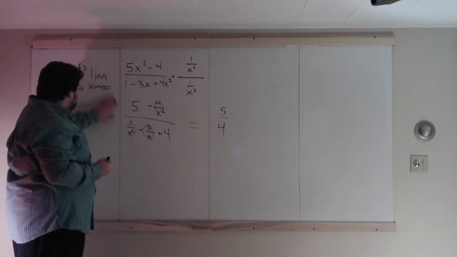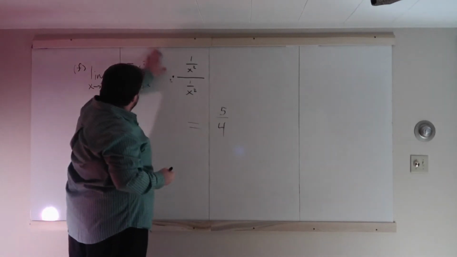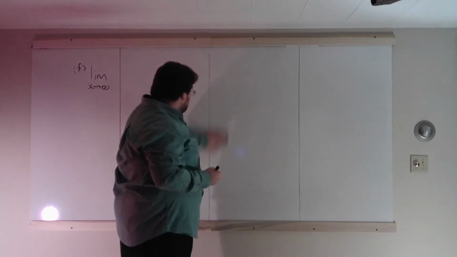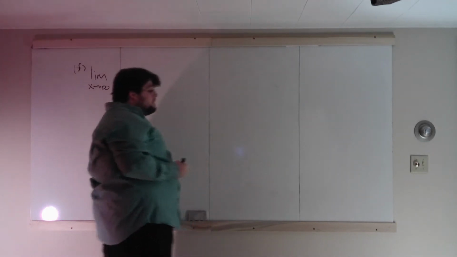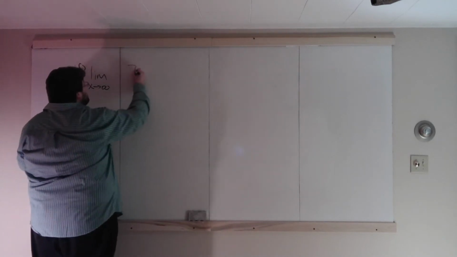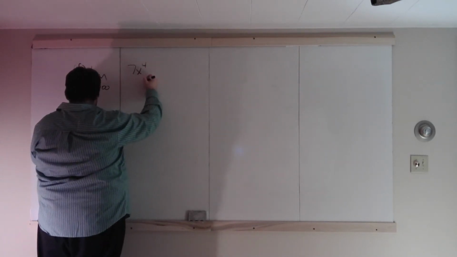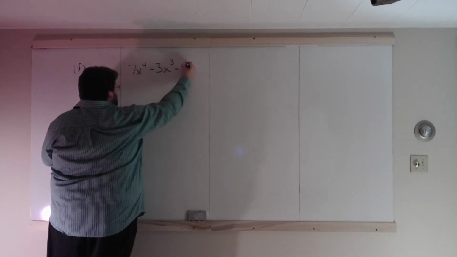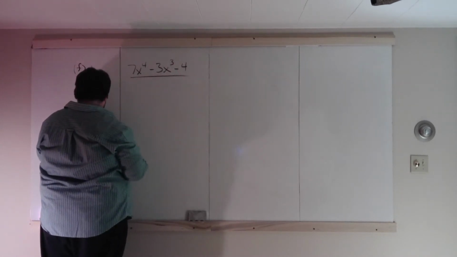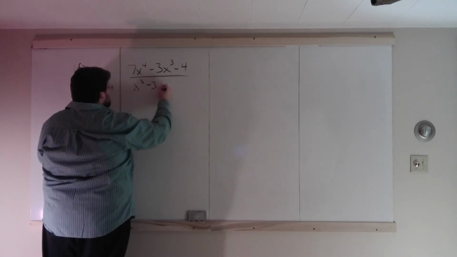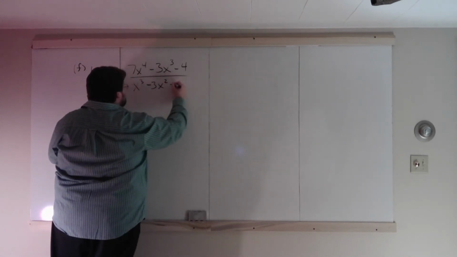Part F is another of these limits with a different rational function and a different answer. So what is part F? 7x to the 4, negative 3x cubed, negative 4, all over x cubed, negative 3x squared, positive 1.